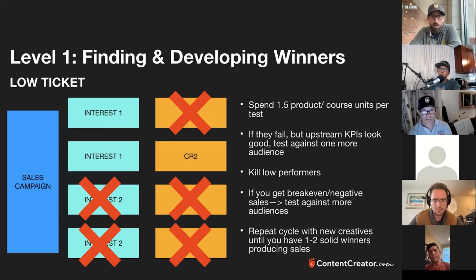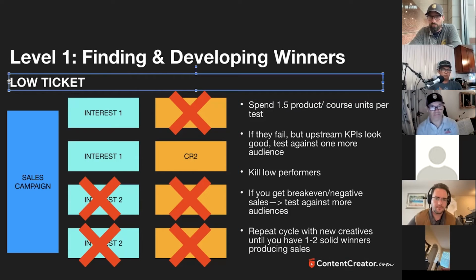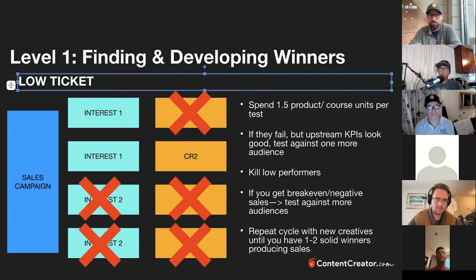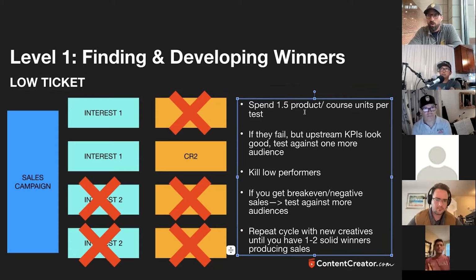Okay. All right. So now when it comes time to actually run these, the way we want to look at running our ads is with low ticket offers. So anything under 250, let's say a product costs $100, right?